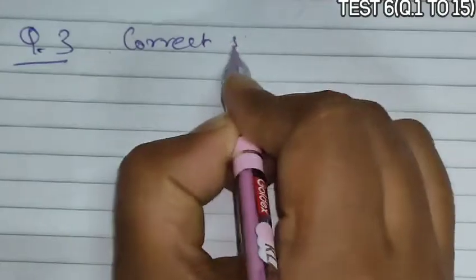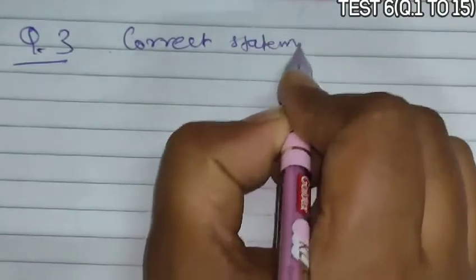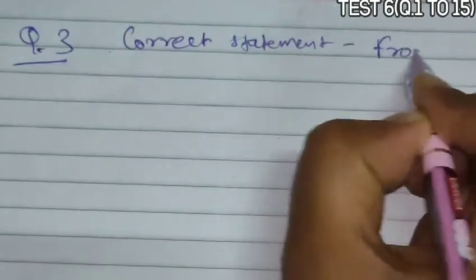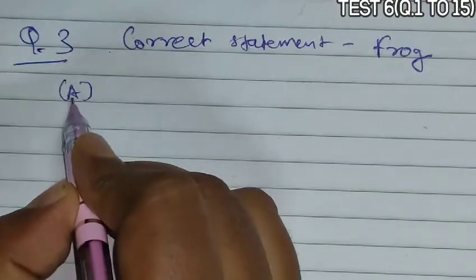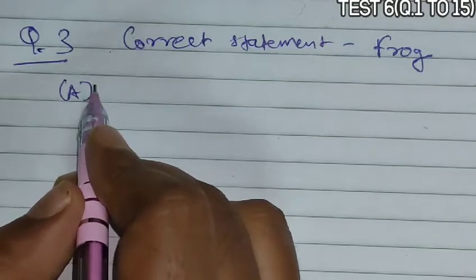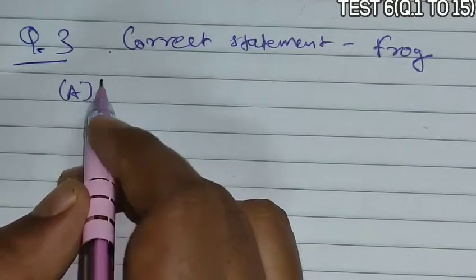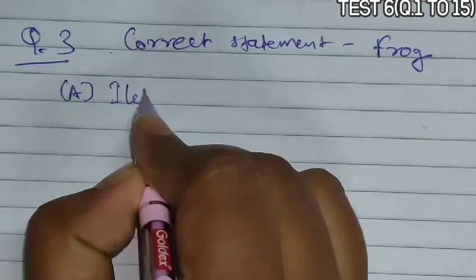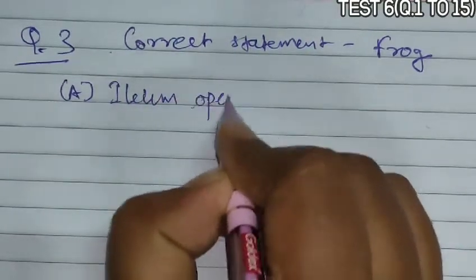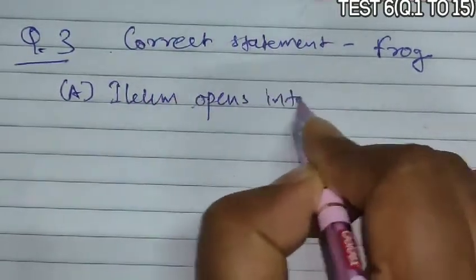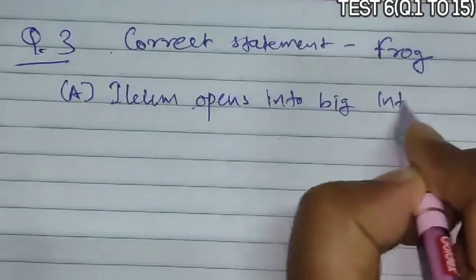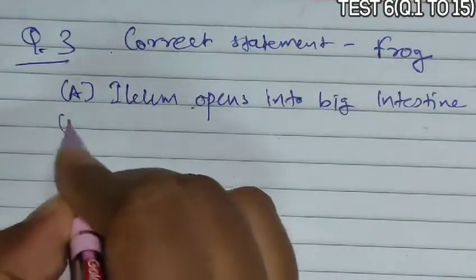Question 3 asks us to choose the correct statement related to frog. Option A is given as ileum opens into big intestine.